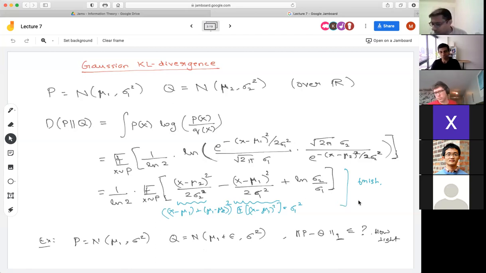So if you had an algorithm which thought it was running on one Gaussian, but it actually ran on the other Gaussian, how much the behavior of that algorithm changes can be estimated from the KL divergence. And if you want, you can also calculate pretty much the same calculation.